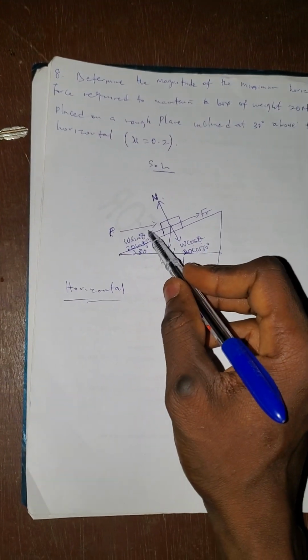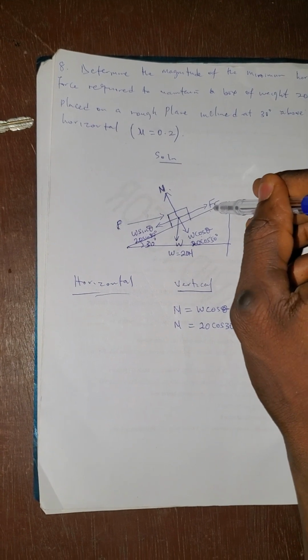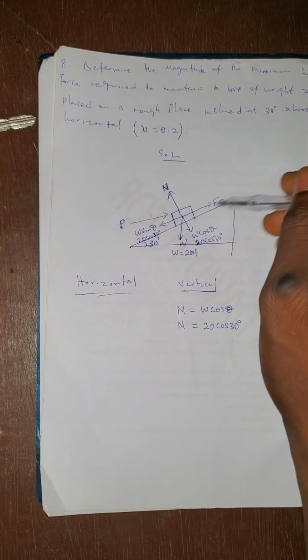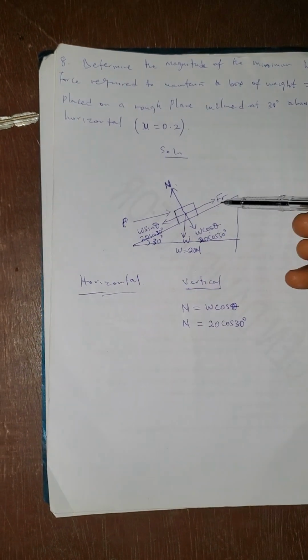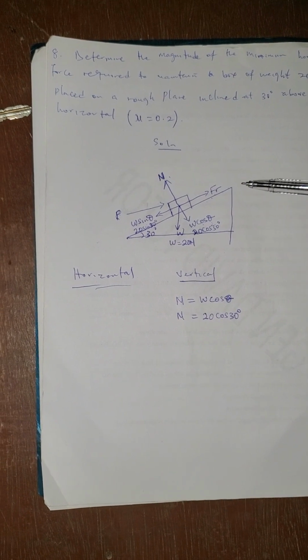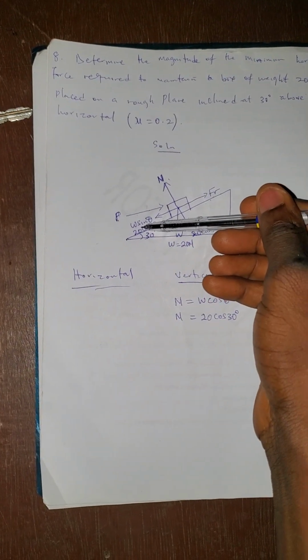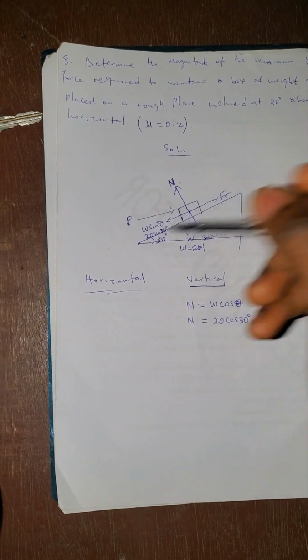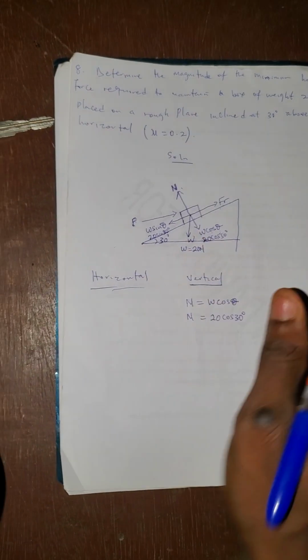So the applied force to hold it, to maintain the box, will be supporting the frictional force, because frictional force opposes this normal one that is taking it to slip. But assuming they said the force to make it slip more, then we would have to add it to this one. But we want to maintain it. I'm still bringing another question that will be similar to this. So it's just to hold it.